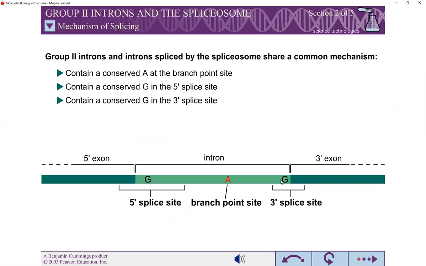I have already told you that the group 2 introns being shown here can be classified into two different types, on the basis of the conserved nucleotides: GUAG introns and AUAC introns.